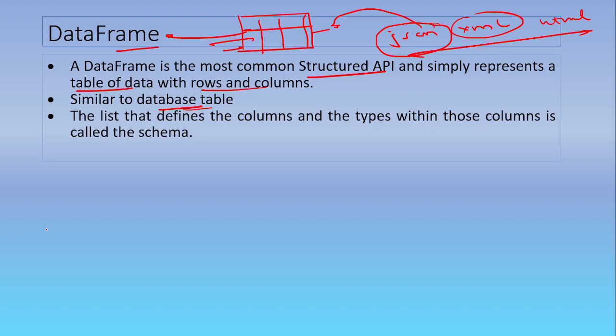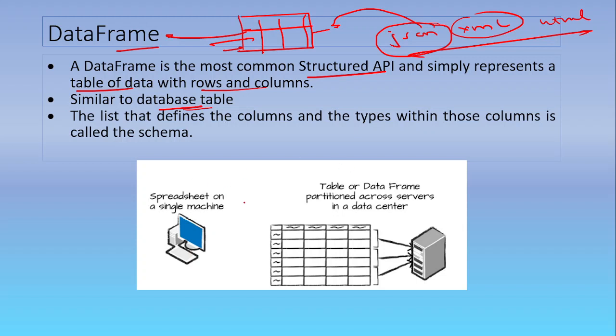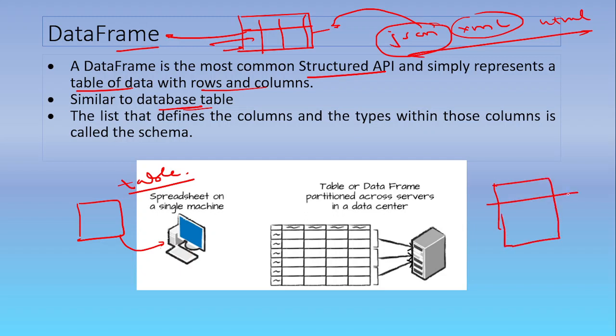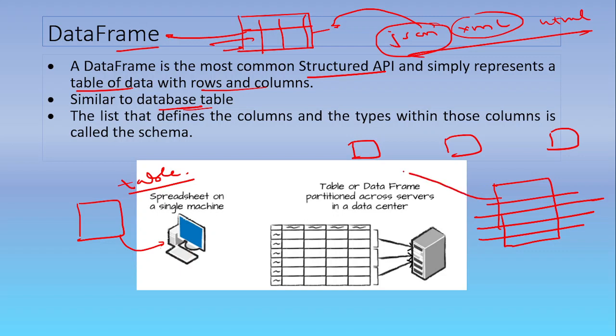But now if you ask me what is the difference between a table and a data frame, can I call a table a data frame? No, there is a difference here. When you talk about a single spreadsheet table, all your data sits on one single machine. But your data frame is partitioned and distributed. Suppose you have three executors: some partition data is distributed on the first, some on the second, some on the third.